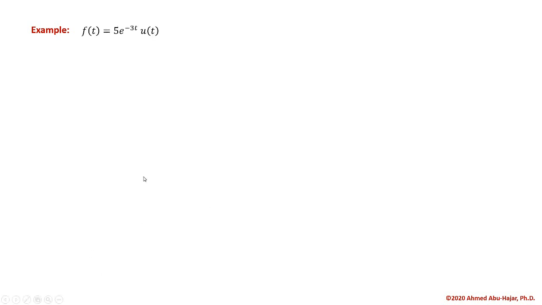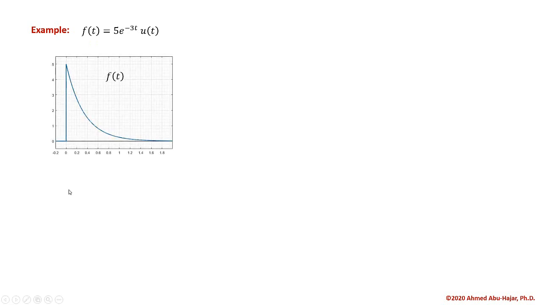So let's say that you have a function f of t that will equal 5 times e to the negative 3t u of t. If you plot this function, it's an exponentially decaying function. It is 0 for all t less than 0. For t greater than or equal to 0, it's going to be an exponentially decaying function like that, right?